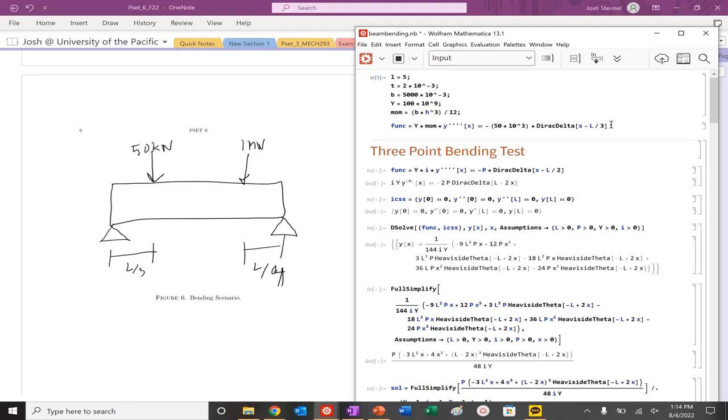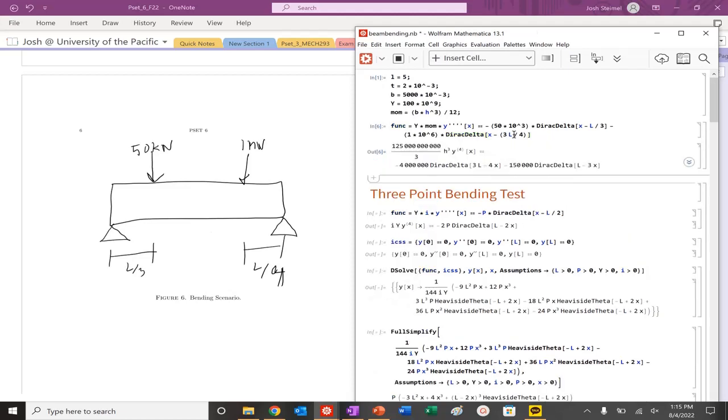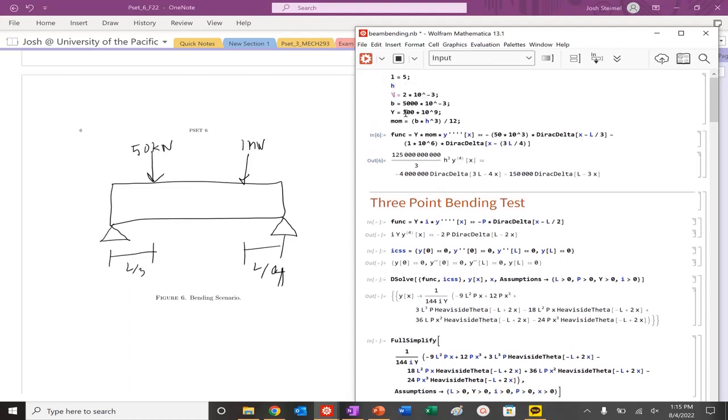And then minus 1 times 10 to the 6, applied at the Dirac delta x minus 3L divided by 4. So that's going to be my function effectively. I don't know why I used base, instead of thickness h. Oops.